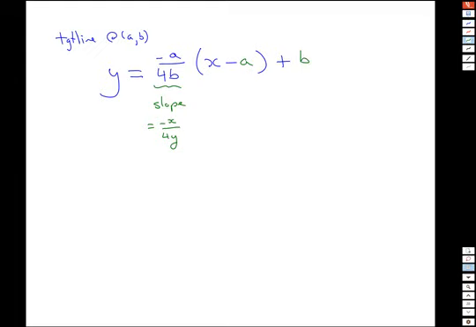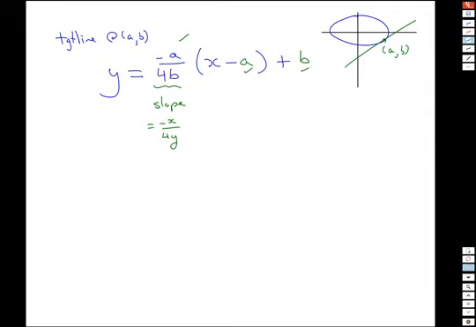Alrighty. So that looks a little horrible, but in some sense, it fits our story of you tell me where you are on the ellipse, the point AB, and I'll tell you the formula for that tangent line. I've got the slope, I've got it going through the point AB, all the ingredients are in there. So we're good.